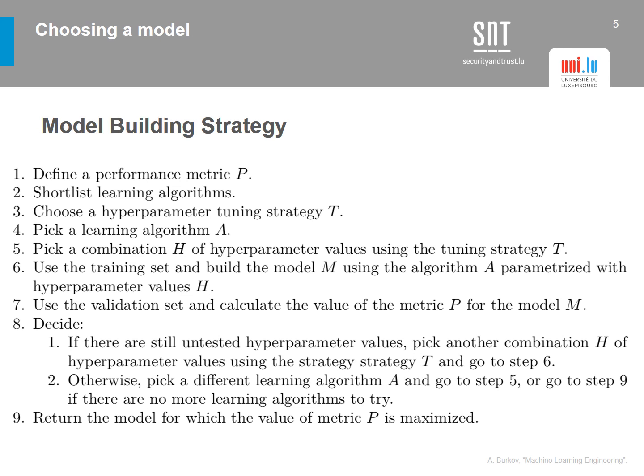If not, then we look for any untested hyperparameter values that we want to try to see if it improves the performance. To do so, we can pick another combination of hyperparameter values and train the model again.